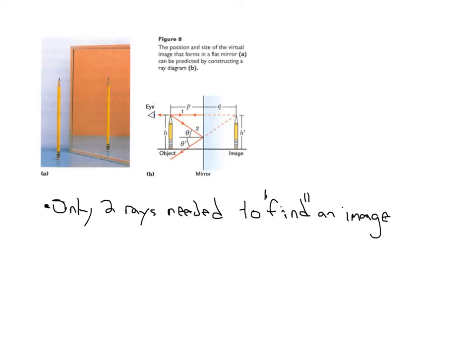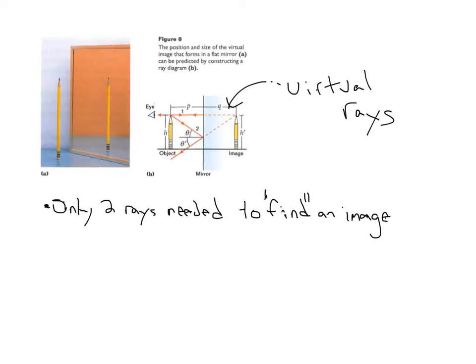Now, if you imagine your eye is out here, your eye actually sees the two reflected rays, and it finds the pencil at the point where the reflected rays would meet behind the mirror. And so I can trace these rays back, and these are known as virtual rays. Right? These are virtual rays.